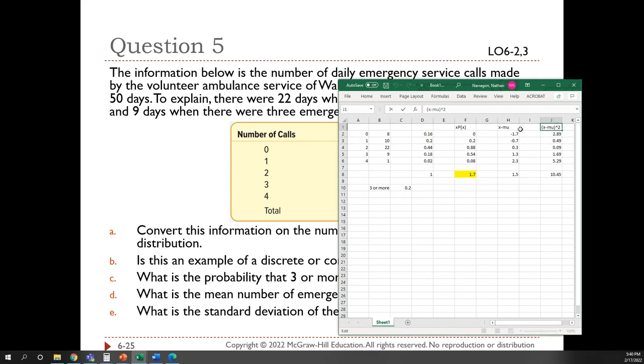Okay. We gotta make sure we also multiply this by x. P(x). Okay. So this one was actually missing. So here, multiply by xP(x).